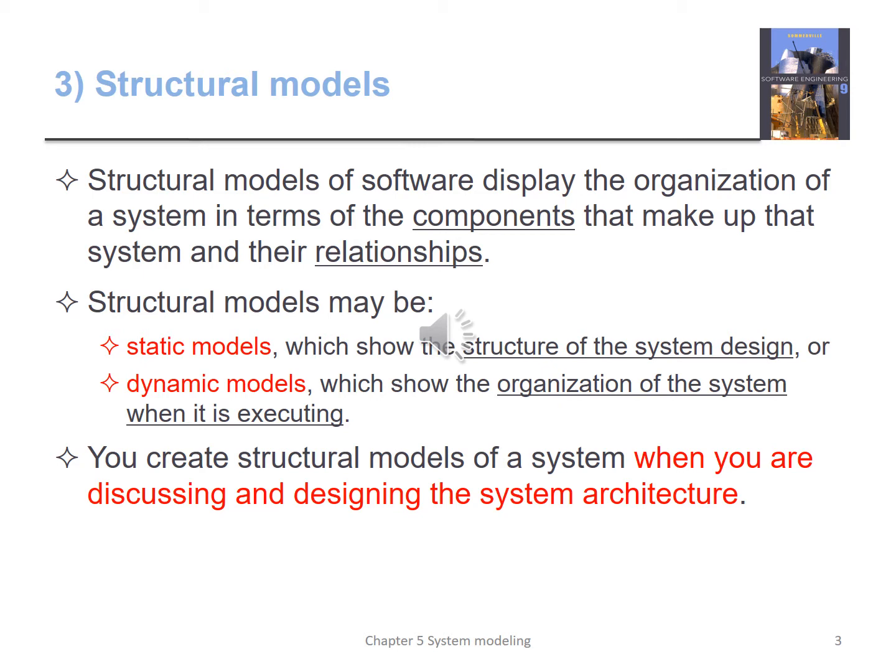In the class diagram, we show the classes or objects and the relations between them. A structural model may be static, which shows the structure of the system design, or dynamic, which shows the organization of the system when it is executing: who is going to call what, and which component has an impact on the other one. We create a structural model of a system when we are discussing and designing the system architecture.